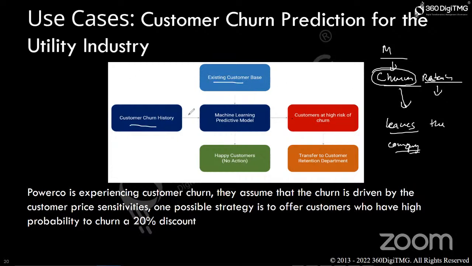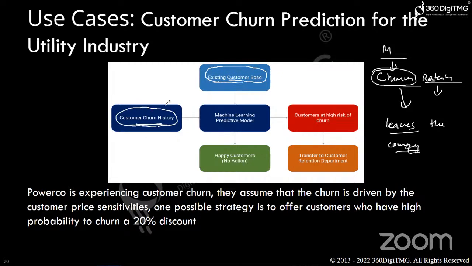So what we are doing here is, we have a customer churn history. This is a previous data set on under which scenarios or conditions the customers are churning. Then we also have this existing customer base data set.